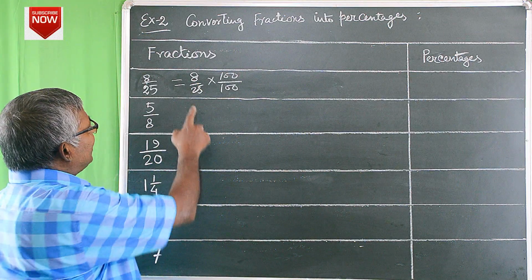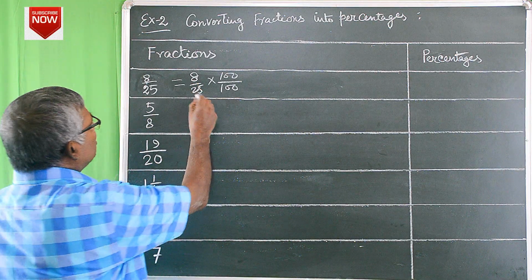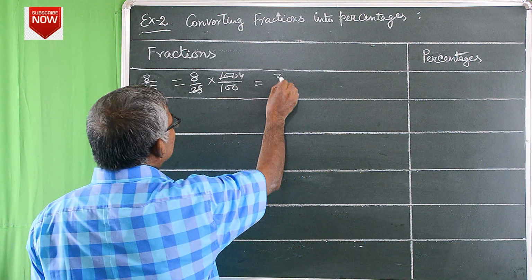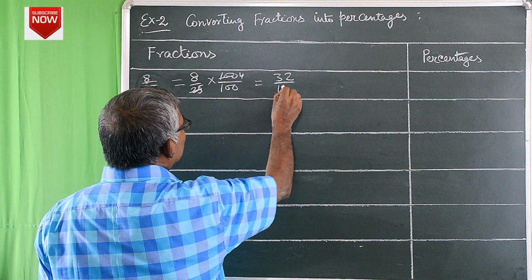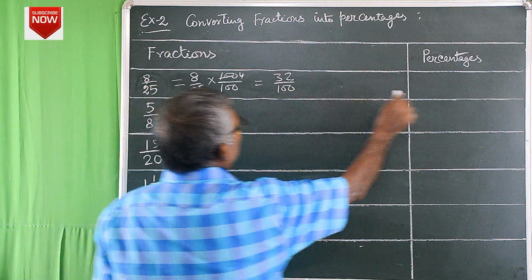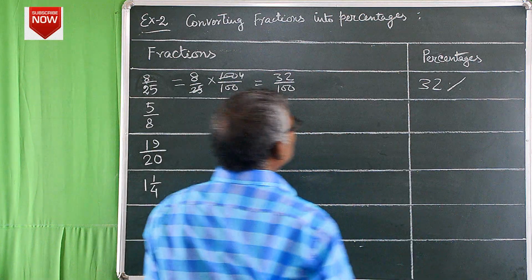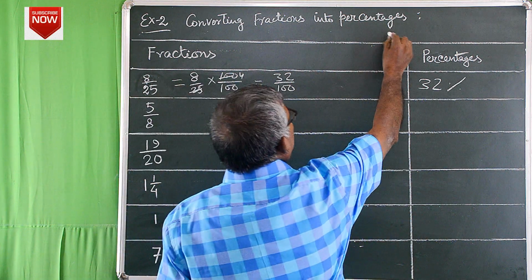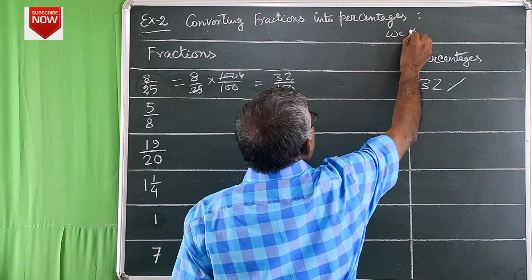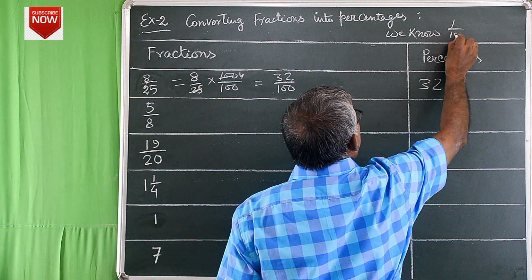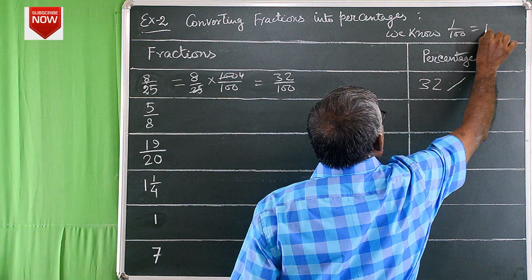So the value of the fraction remains same. So it is 4. This can be written as 32 by 100 equal to 32%. Students, we know 1 by 100 equal to 1%.